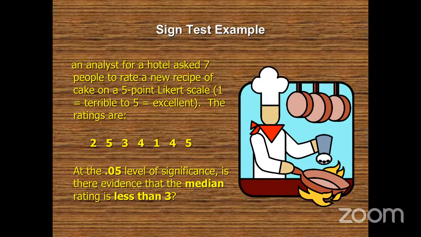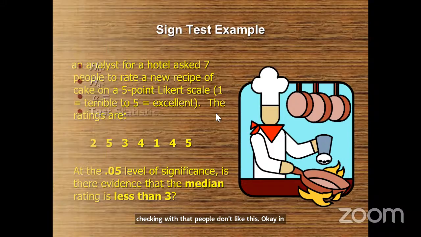The median of the group is less than 3. Means what? Many people don't like this cake. Less than 3 means people don't like it, while 4 and 5 mean excellent. So we are checking whether people don't like this cake. In short, that is what we have to check.